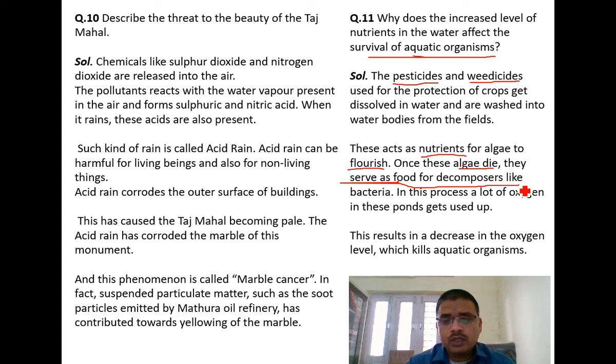In this process, a lot of the oxygen in the water gets used up by these activities. Once the oxygen in the water decreases, all the aquatic living organisms die.